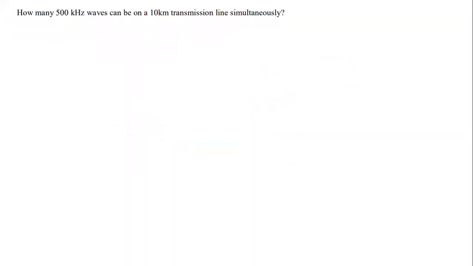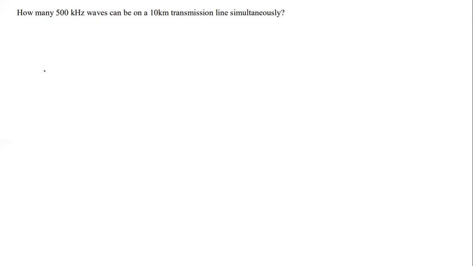How many 500 kHz waves can be on a 10-kilometer transmission line simultaneously? Clear. So for the transmission line, the number of waves is equal to distance by wavelength. What is that? Distance by wavelength.